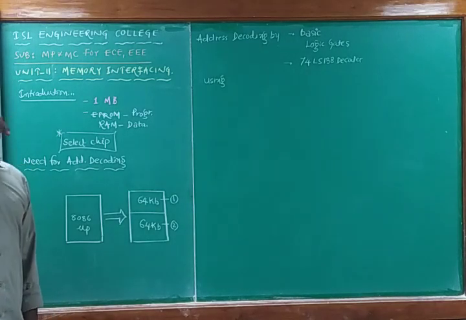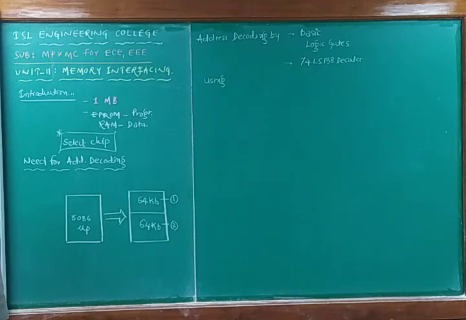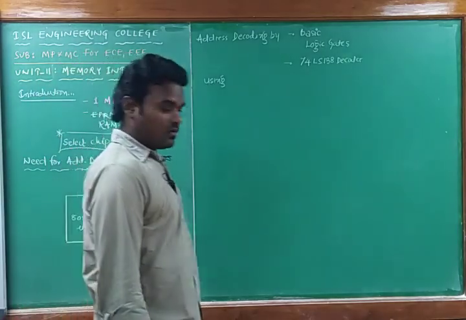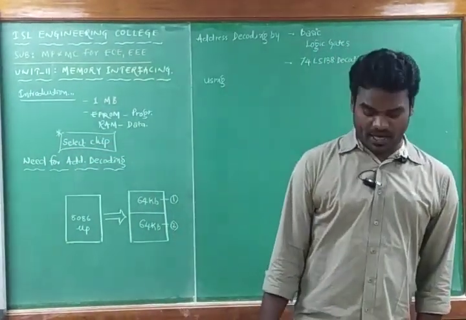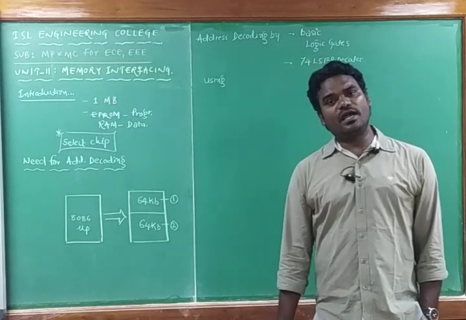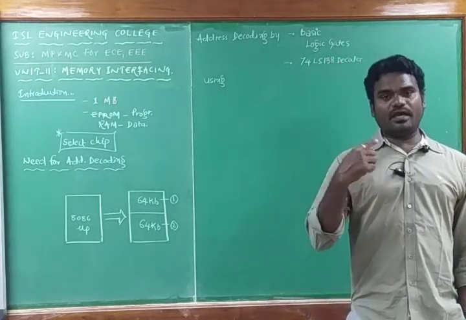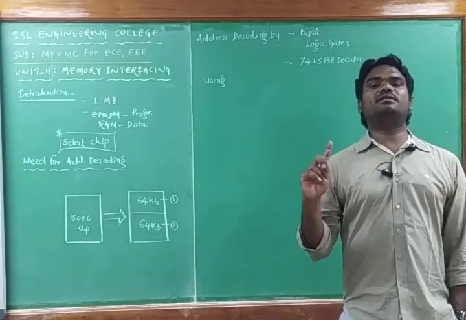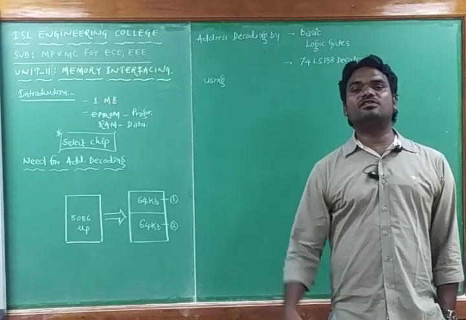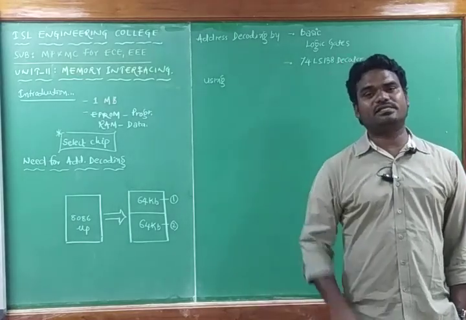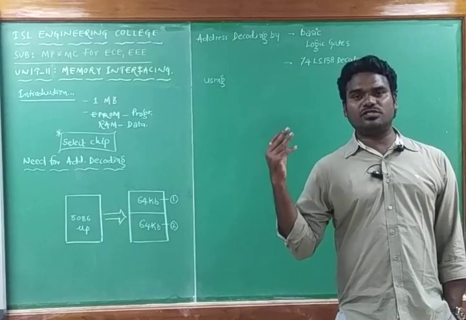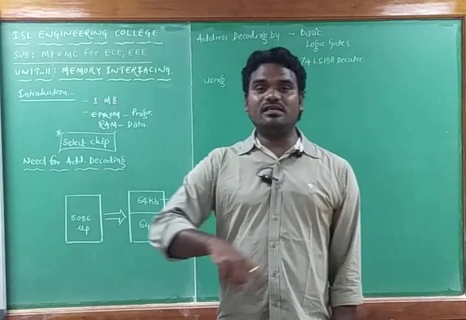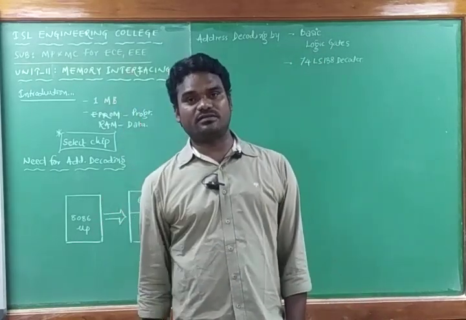Need for address decoding: as we know, a microprocessor can communicate with only one device at a time. The 8086 or 8085 microprocessor can communicate with only a single device at once, because whatever bus system it has, the address bus, data bus and control bus, every time all these serve only a single function.